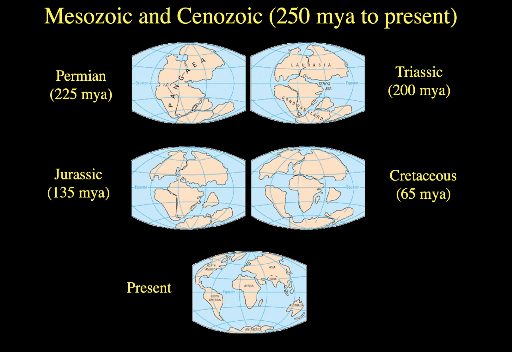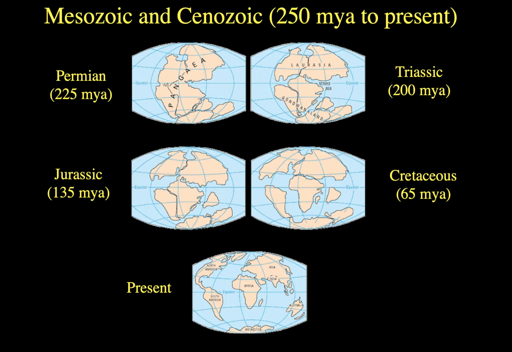And note that of the dinosaurs and other fossils that we can find back here 225 million years ago and even 200 million years ago, they could essentially cross from one continent to the other because they were still connected. And those kinds of distributions of ancient fossil organisms also indicate that these continents were once connected, and the distribution of those organisms is because they could move freely from one place to the other.